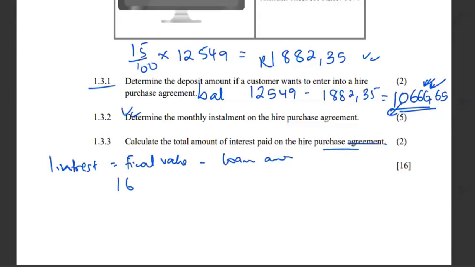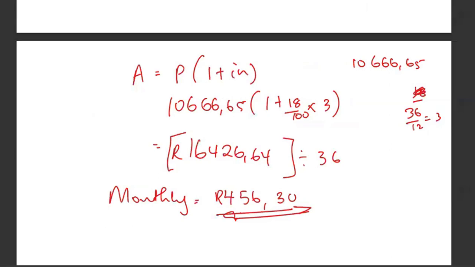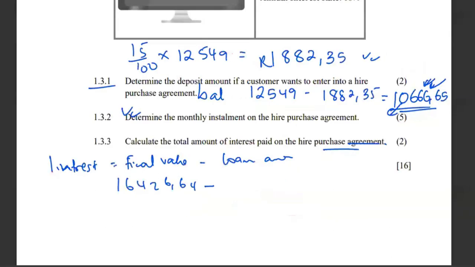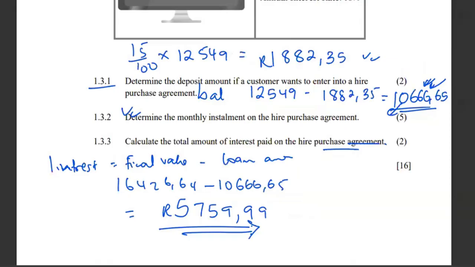So 16,426.64, we are subtracting 10,666.65. I believe this would have been the quickest way of doing it. The interest I'm getting is 5,759.99, so it's roundabout 5,760.